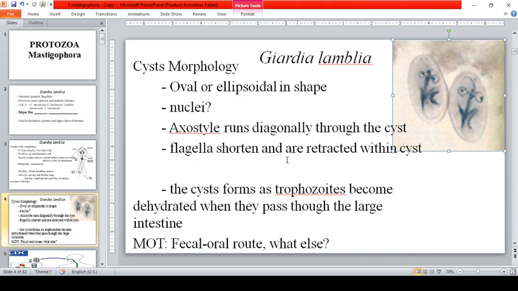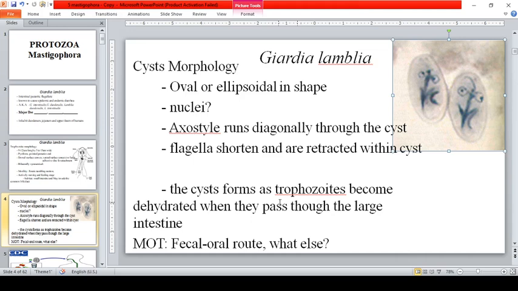So, the cyst also may remain viable in the environment for many months. Okay? Pwede siyang mabuhay sa environment for many months. So, the cyst forms as trophozoites become dehydrated when they pass through the large intestine. Okay?